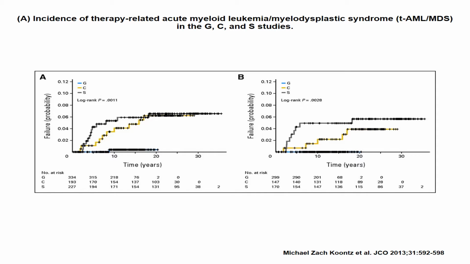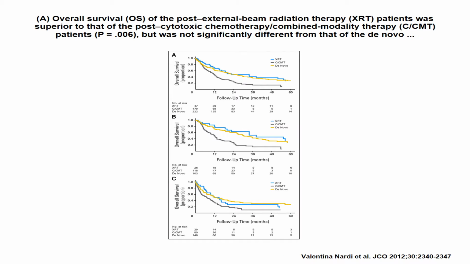At the bottom of the curve, you can see it's almost none. And this is just looking at the incidence by their primary therapy. This includes the patients who relapsed and had further therapy with other agents. But if you look at the primary therapy, over the years, by reducing the exposure to alkylating agents and improving their radiation techniques, they're almost eliminating this problem in their Hodgkin's lymphoma patients.